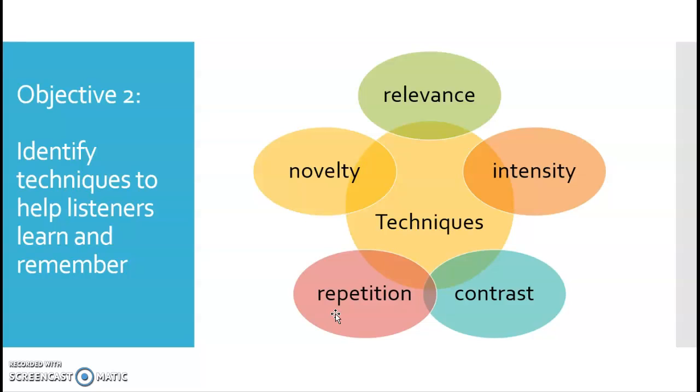That is a simple technique of repetition, okay? Repetition is the mother of success, which has been said by many successful people. So repeat what you want the audience to remember. Be sure to repeat your purpose statement. Be sure to repeat your main points in the intro, body, and conclusion.